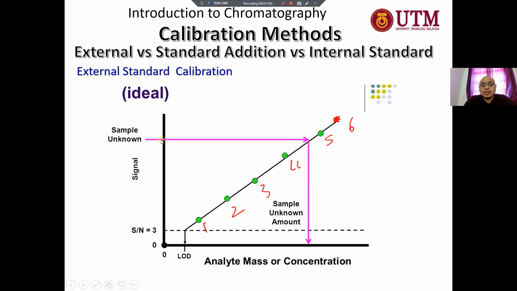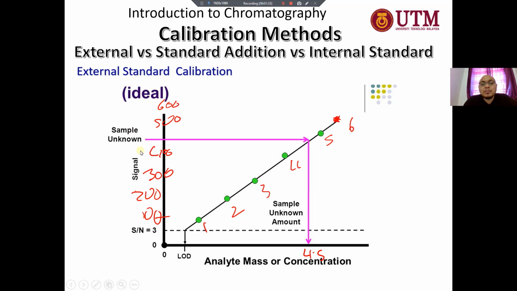From the signal, you can trace along the graph to obtain your sample concentration, for example, in this situation, about 4.5. For example, 1 gives 100 signal, 2 gives 200, 3 gives 300, 4 gives 400, 5 gives 500, and 6 gives 600 intensity of signal.